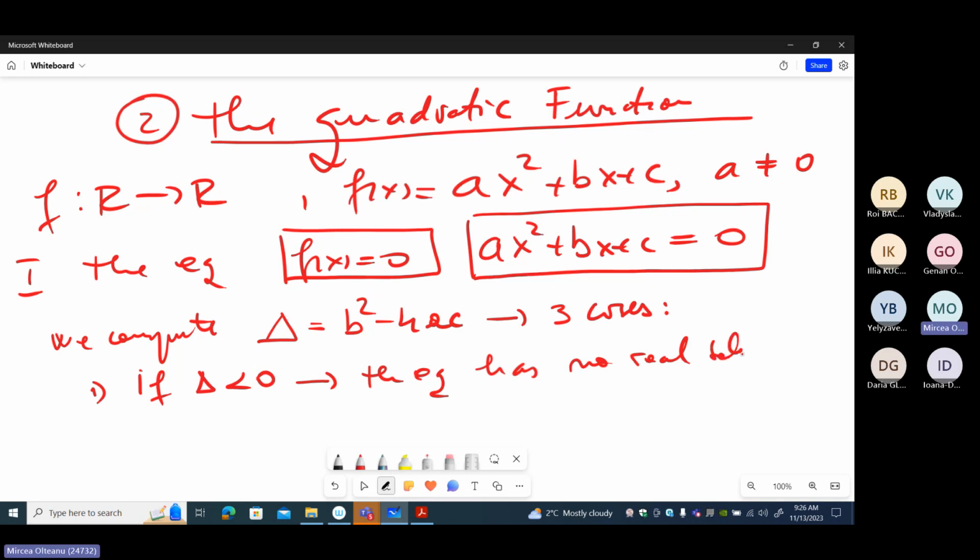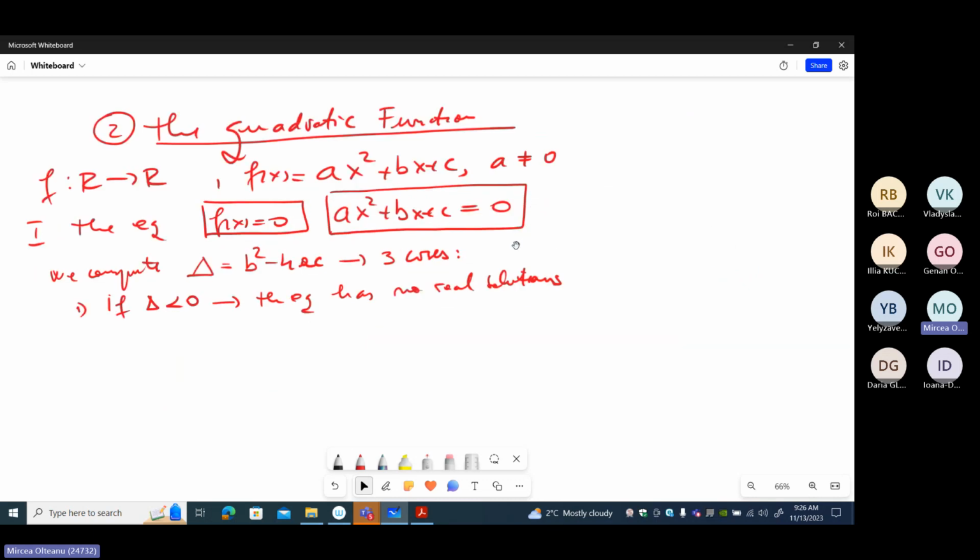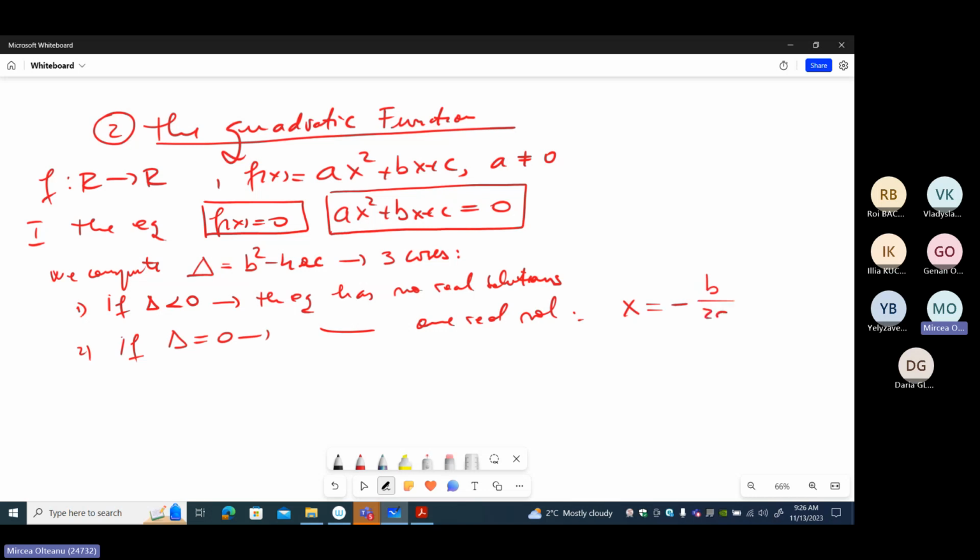Because we work in the set of real numbers, we have no solutions at all. The study of basic functions is on the set of real numbers, so we don't discuss complex numbers. I'm sure you already studied complex numbers, but we don't use them for the moment. Second, if the discriminant is 0, the equation has one real solution, given by the formula x equals minus b over 2a.